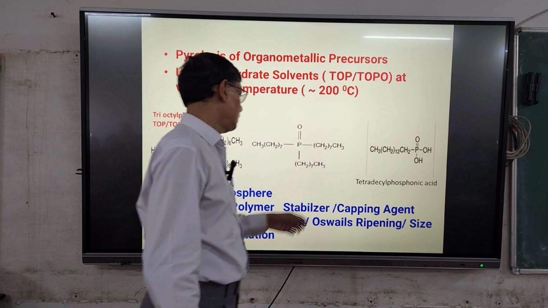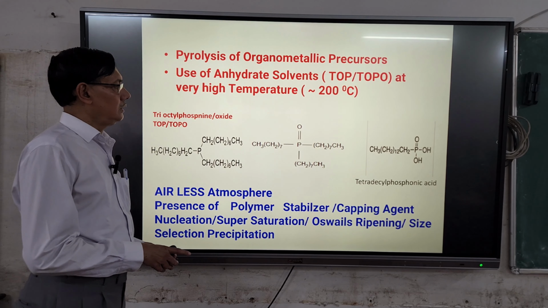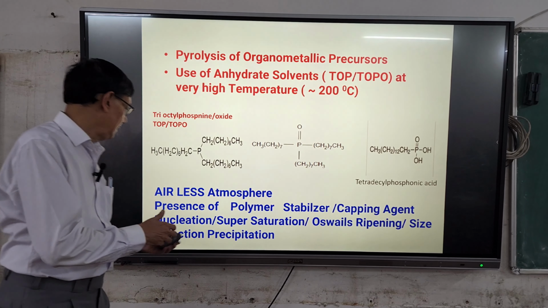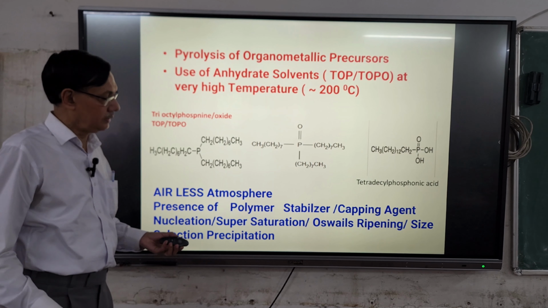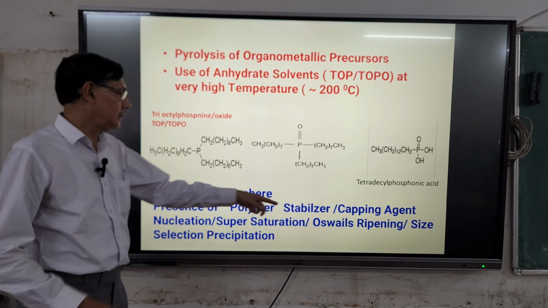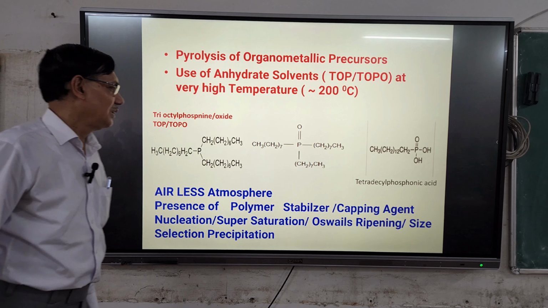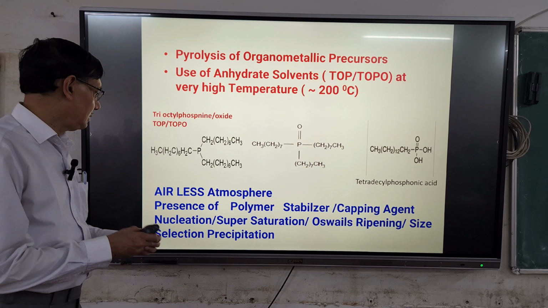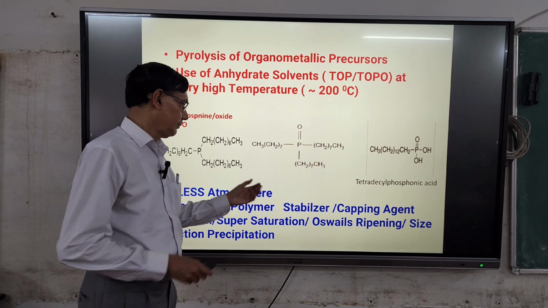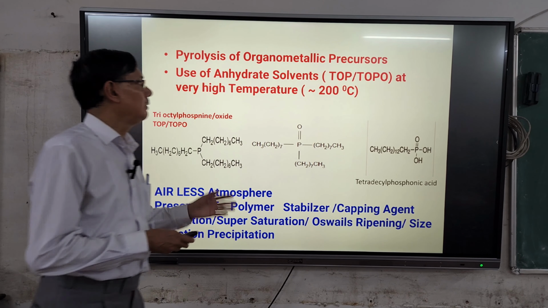Then oleic acid is also used. The principle is just like your metallic nanoparticles: first nucleation, then supersaturation, Ostwald ripening, and size-selective precipitation. That is called the LaMer mechanism of how to synthesize these nanoparticles. So these are some anhydrous solvents.